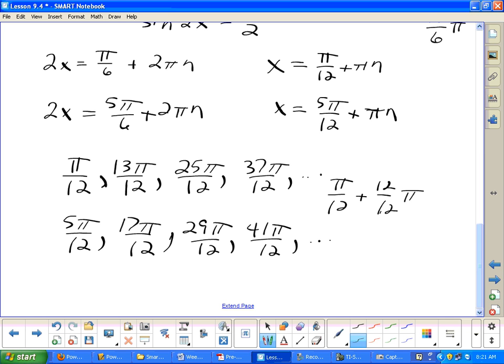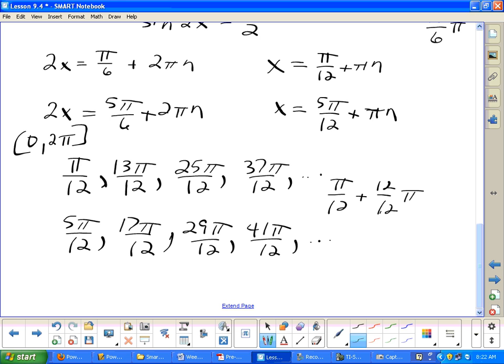Now, the question is, which one of these then are between 0 and 2 pi? Well, if 12 is my denominator, what's my numerator for 2 pi? 24 is, right? So any of them that are bigger than 24 are outside of that area, aren't they?